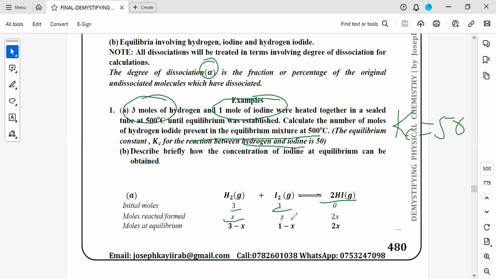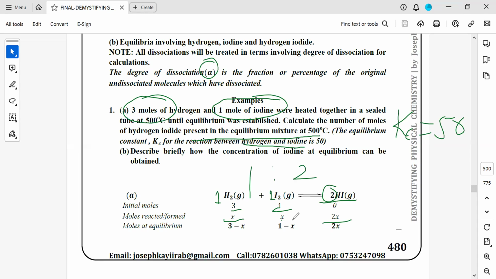Since we have 2 moles of hydrogen iodide, you multiply the 2 by X, because all these others are 1 to 1. So to balance the number of moles that reacted, we'll have 2X because it's a 1:2 ratio.